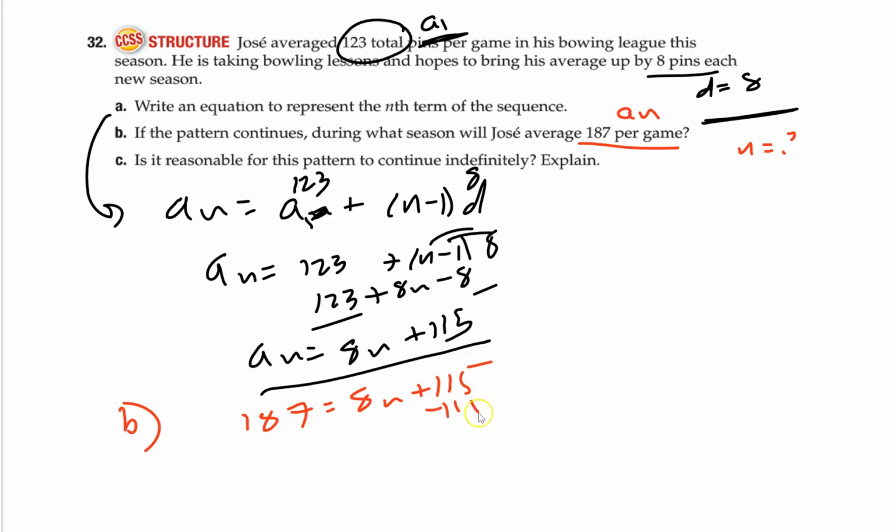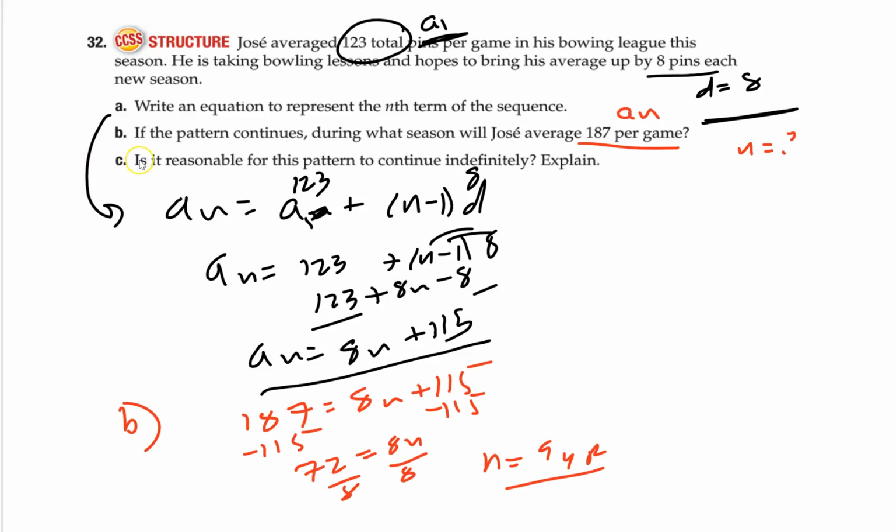Subtract 115. I get 72 equals 8n. Divide by 8. It looks like it's going to be 9 years until he gets to an average of 187 per game. Slow and steady, Jose. You get there. Slow and steady. Tortoise in the race, not the hare.